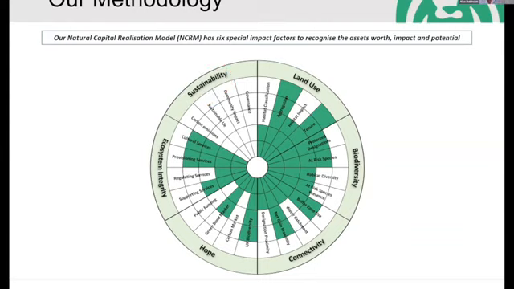So we utilize 40 standardized metrics, but ultimately our model is only as good as the information that we can feed into it. In light of property specific data, we can apply local or national information so that we can, as a bare minimum, provide an assessment of the whole to inform your decision making.